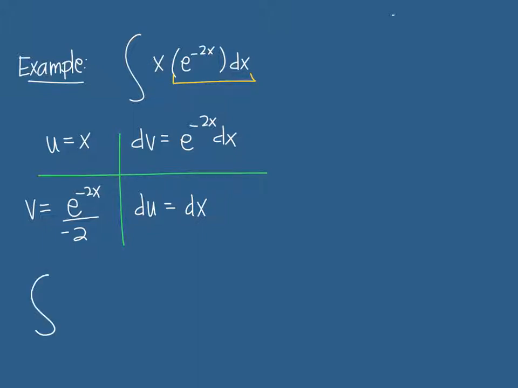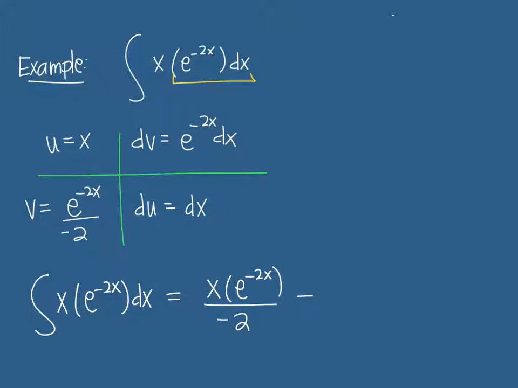So the original problem, x e to the negative 2x dx, can be replaced as equivalent to uv, which is x times e to the negative 2x over negative 2, minus the integral of v du.